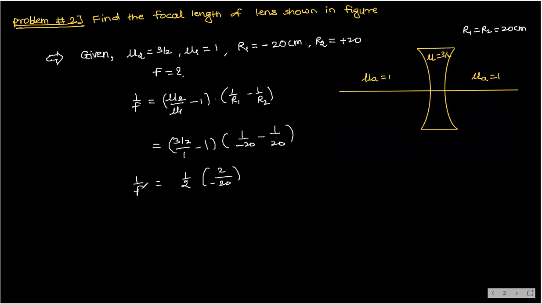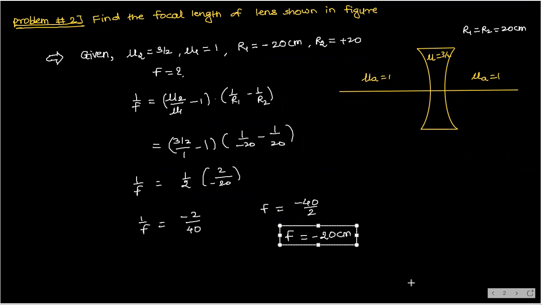So this is 1 by 2 into 2 by minus 20. So 1 by f is equal to minus 2 by 40, and therefore f is equal to minus 40 by 2. So focal length is equal to minus 20 centimeter. Understood? Yes, minus 20 is the right answer.